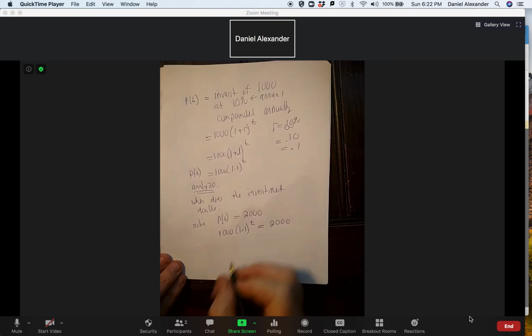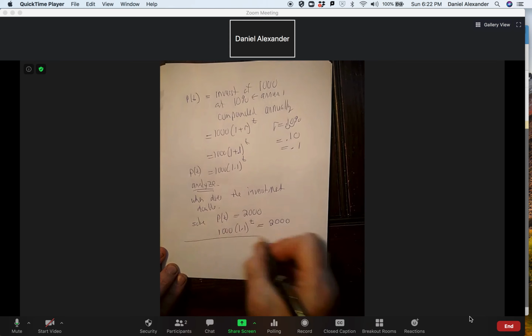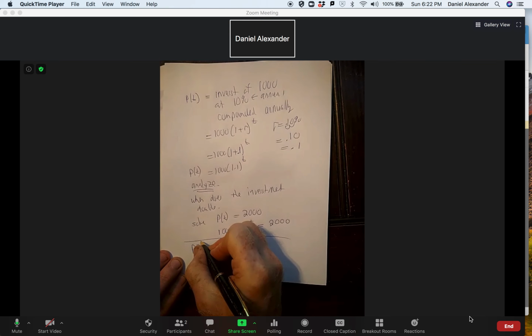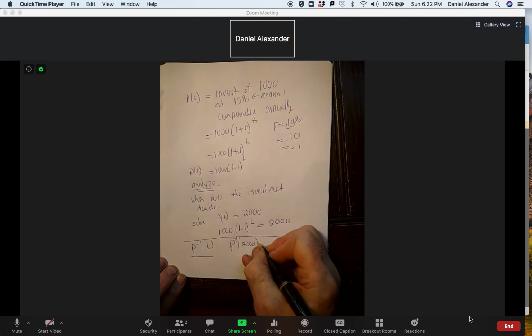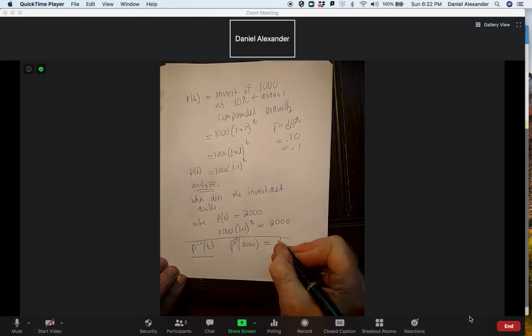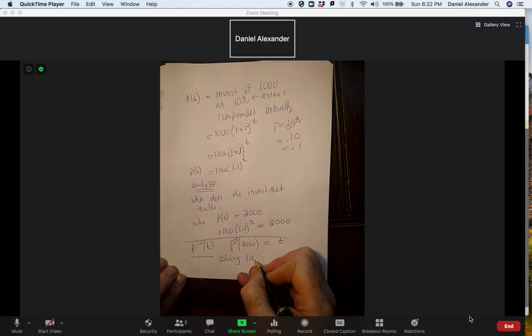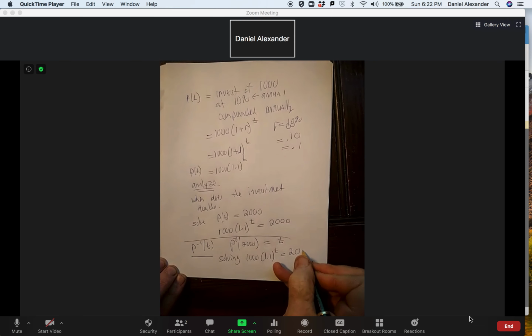Okay, so now let's just say we're magically given what the inverse is. If we know P inverse, P inverse of 2,000 would give us the t solving 1,000 times 1.1 to the t equals 2,000.